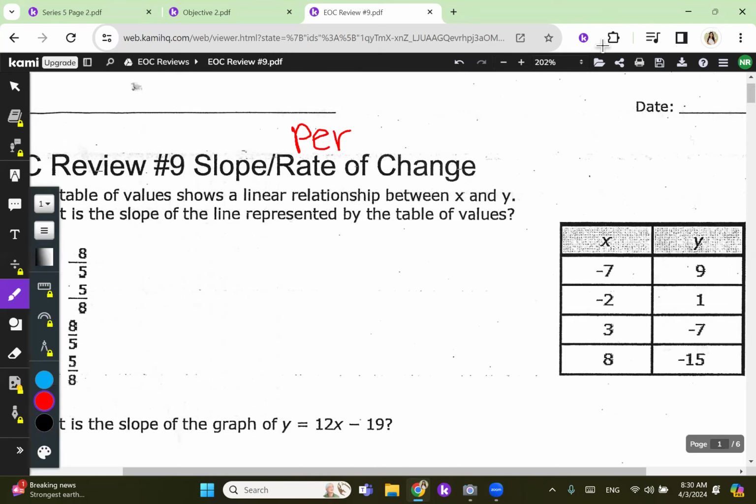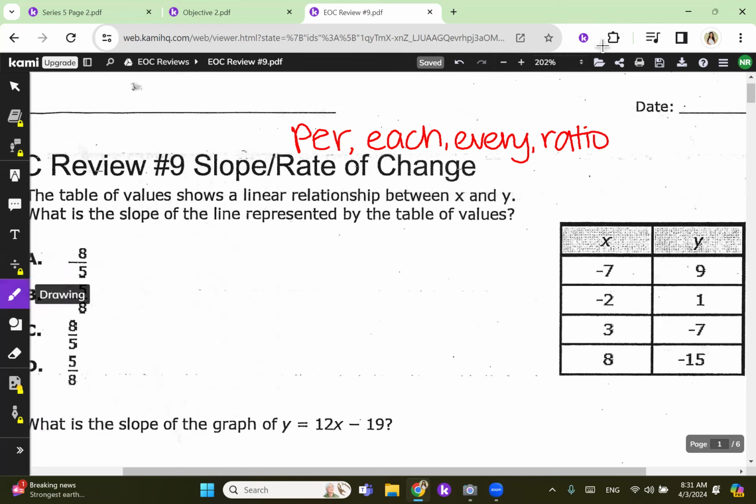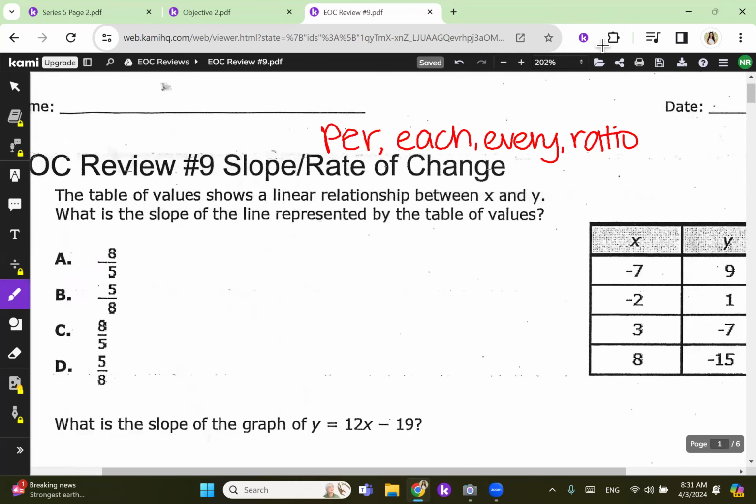What else? Every. Right. Oh, ratio. That's how you say it. All right. It is ratio.